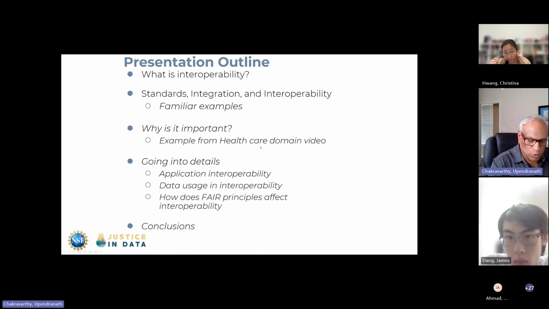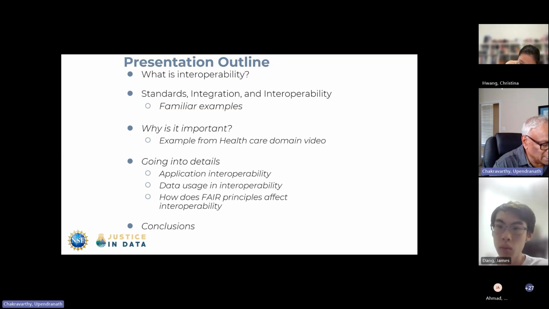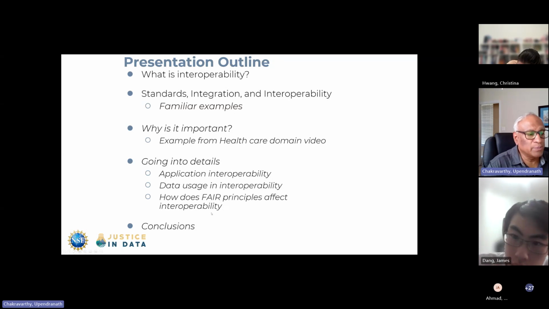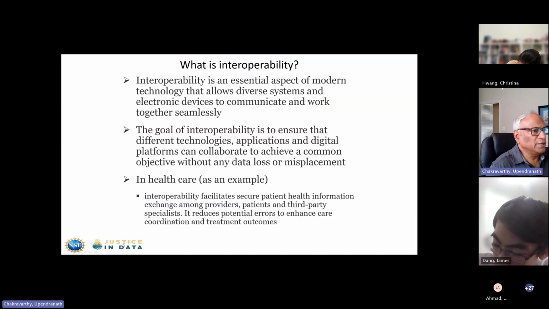I think that's a good explanation of the need for interoperability and some of the challenges. Even though it comes from the healthcare domain, some of the things that are brought out there are universally applicable. Then we'll go into some details about application interoperability, data usage interoperability, and how FAIR principles affect interoperability. So what is interoperability?